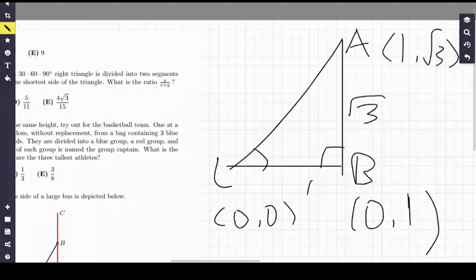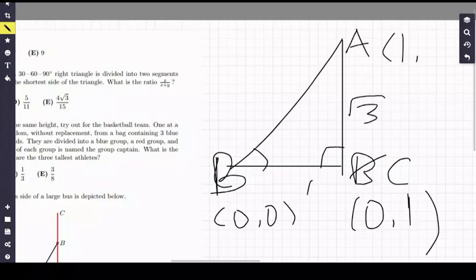Okay, good. So the altitude from C to the hypotenuse. Sorry, I placed my coordinates wrong. When I did it on paper, I probably did this differently, but I guess this works.